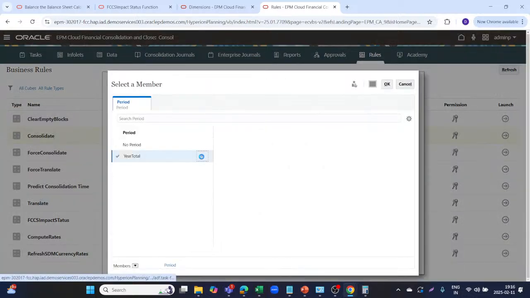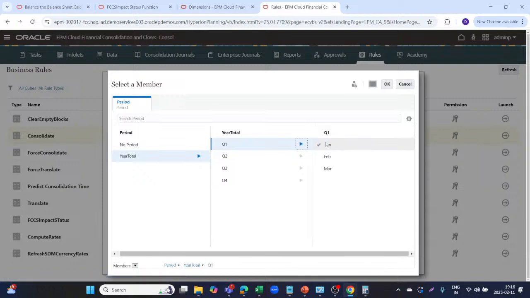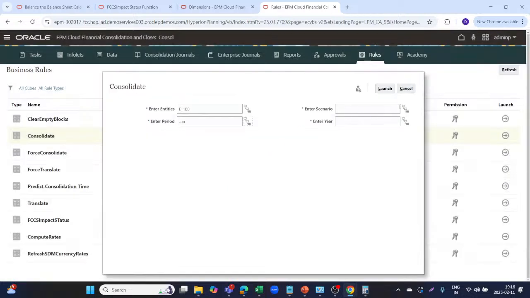Now I'll choose the period as Jan because I've entered the data there only for Jan FY15, and the scenario is actual.